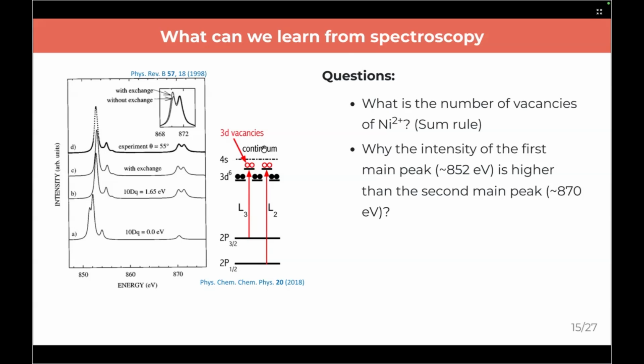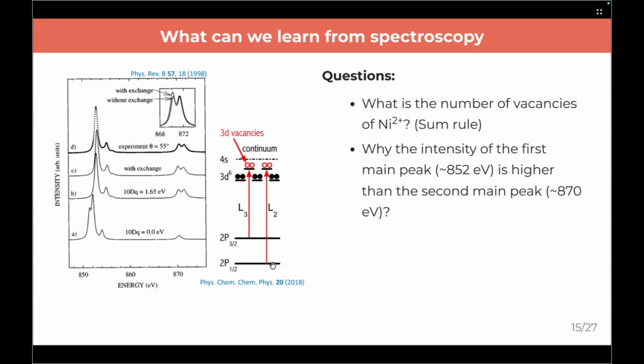Another observation from the figure is that this L3 peak, the first main peak, is much higher than the second. That's because the p electron with spin-orbit coupling splits into J equal to 1/2 and 3/2.